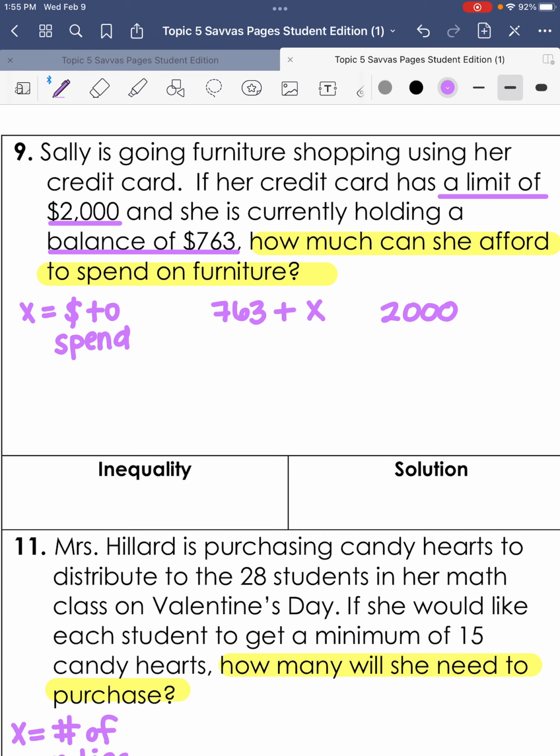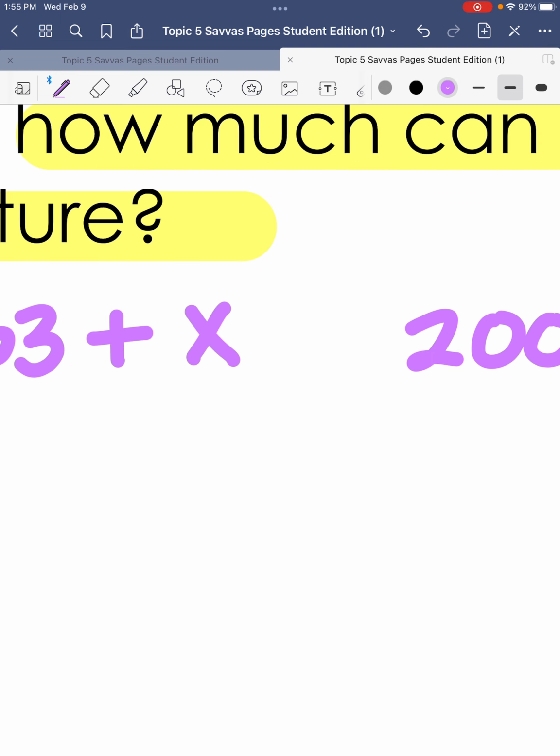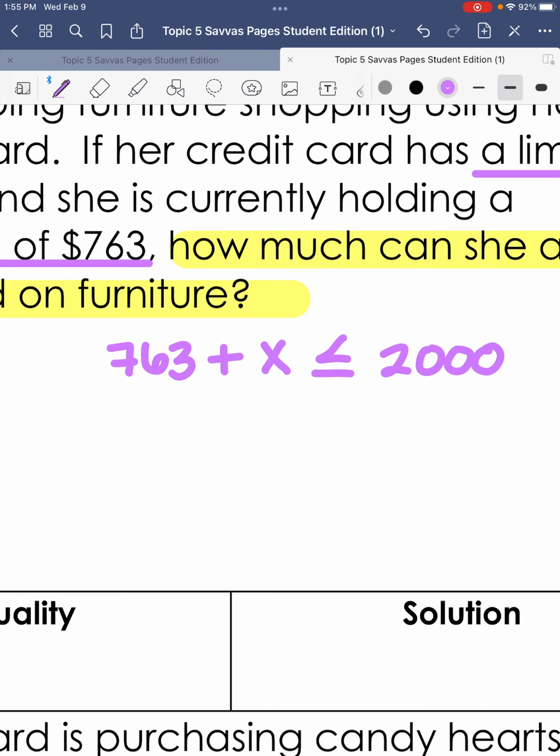No, she can meet that $2,000 at exactly $2,000, but she'd probably be better off if she was less than $2,000, if she was under $2,000. So because it's a limit, it's less than or equal to. So 763 plus X is less than or equal to 2,000. So if you think about it, the balance that she currently has plus what she can spend needs to be right at or under $2,000.